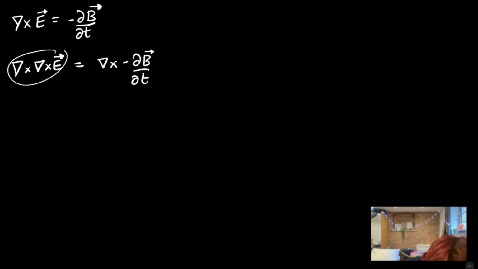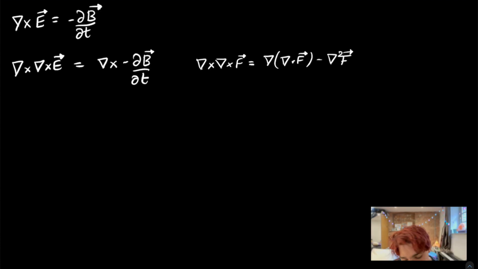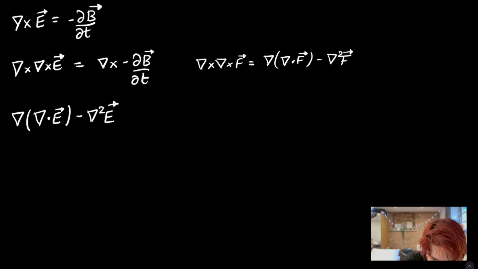And whenever we have a double curl, we use the vector identity that the curl of the curl of a vector is equal to the gradient of the divergence minus the Laplacian right here. So let's go ahead and substitute that into the left-hand side of the equation. And what we can do is we can put the curl of this right-hand side of the equation inside the derivative.